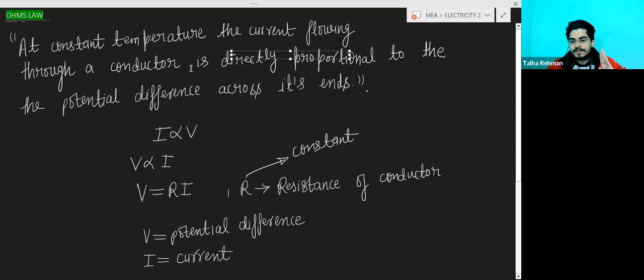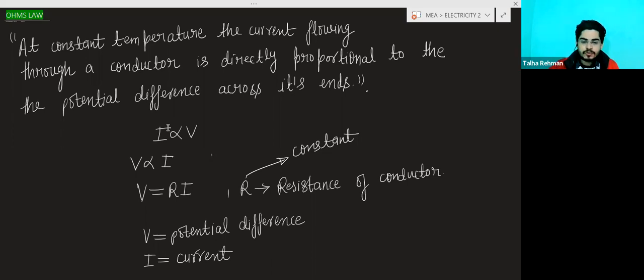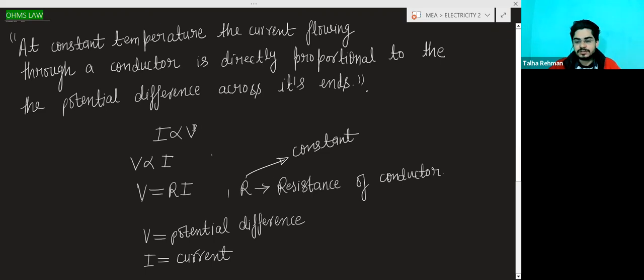If the temperature of the wire changes, then this relation will not be valid. Directly proportional means if you increase the potential difference across the ends of the wire, then the current flowing in the wire will increase. At the same time, if you decrease the potential difference across the ends of the wire, then the current flowing in the wire will decrease.